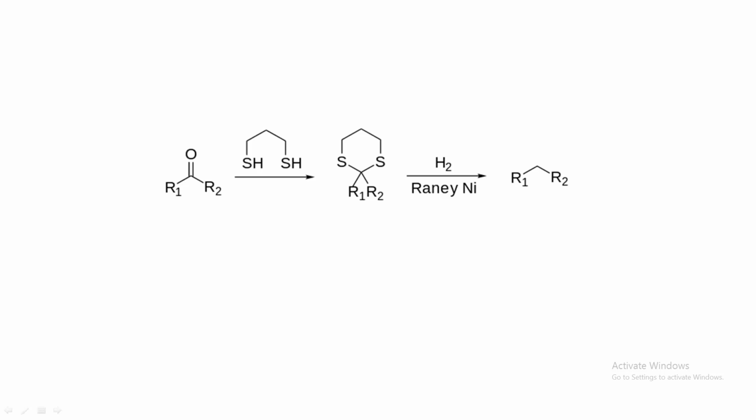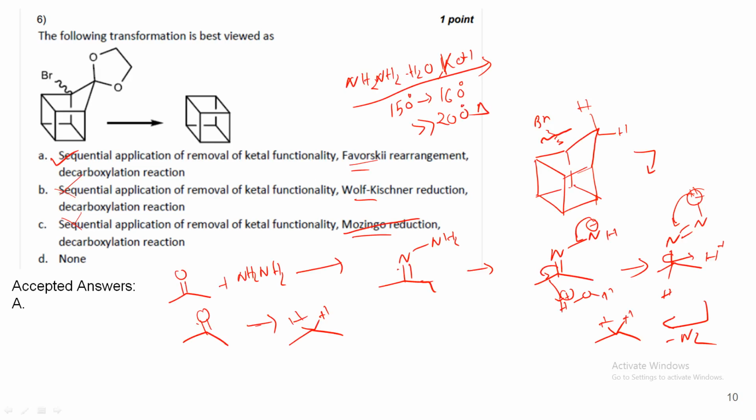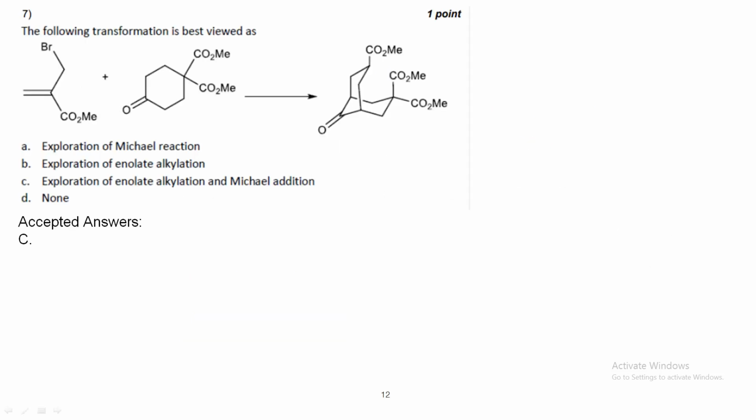At first with these two thiols, this particular thing would be formed, and in presence of H2 gas and Raney nickel, just reduction would be there, and you would introduce two protons. So just a reduction, not a ring contraction. So this is the Mozingo reduction, and this is all for the sixth problem.